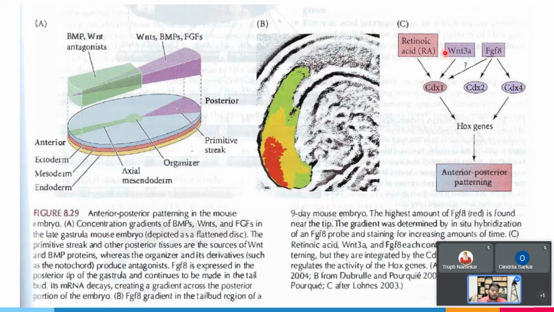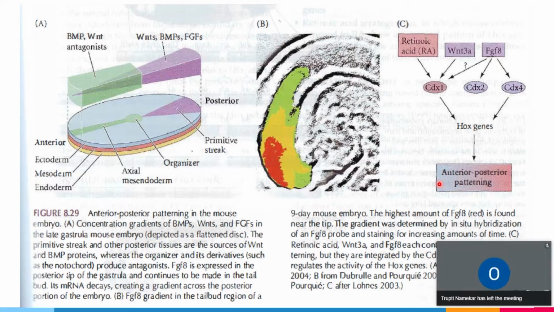As you can see directly from this image as well as the C image, if a particular signaling is present at a particular location, only that CDX will be expressed. That CDX expressing means the Hox gene downstream to that transcription factor will only be expressed in that region, and only the structures formed by those Hox genes will develop in that region in the developing embryo.